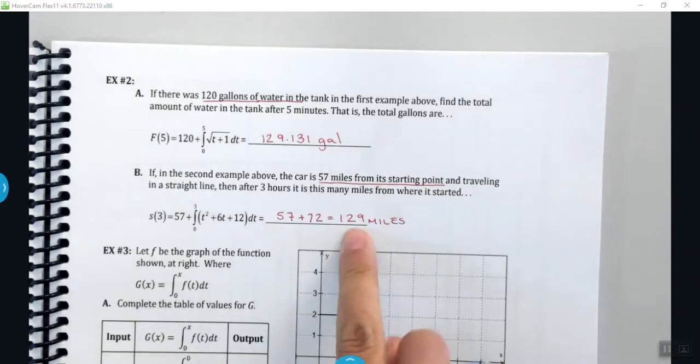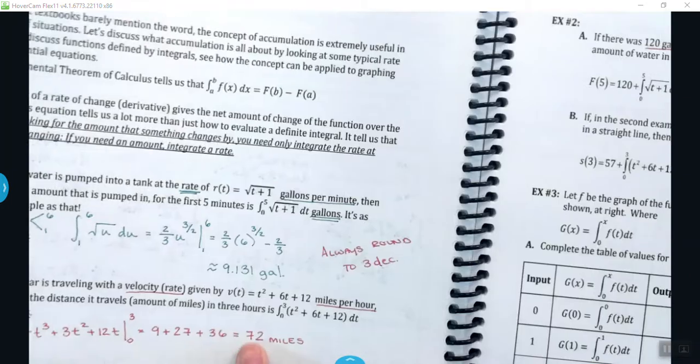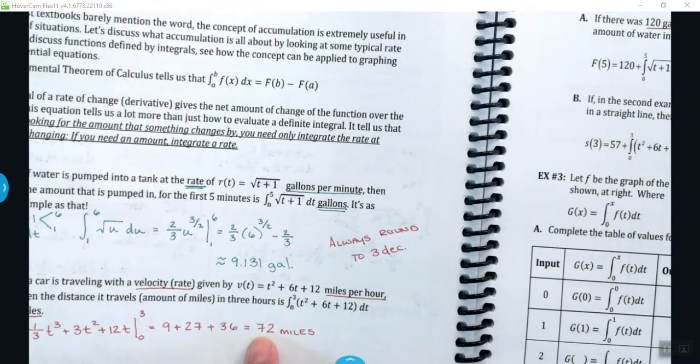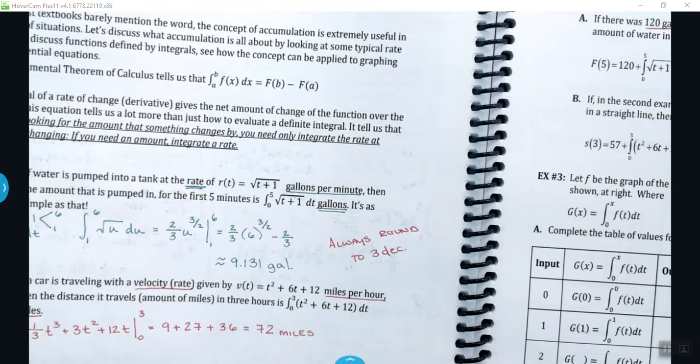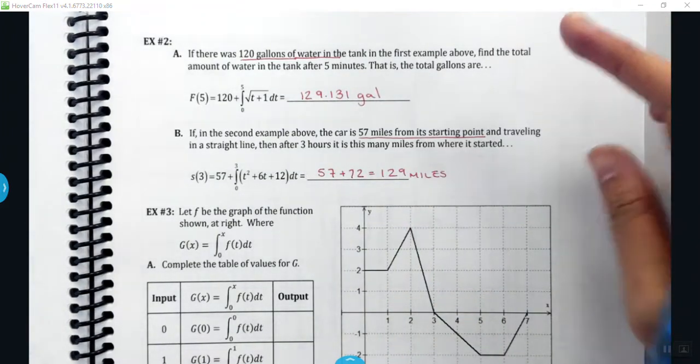So this is your actual location, but the other one that we solved for was how much we traveled from 0 to 3. This is our actual location. Okay. Do you get the difference between those two concepts?